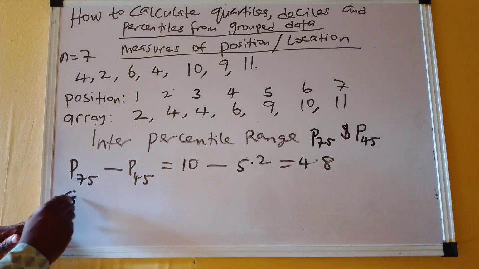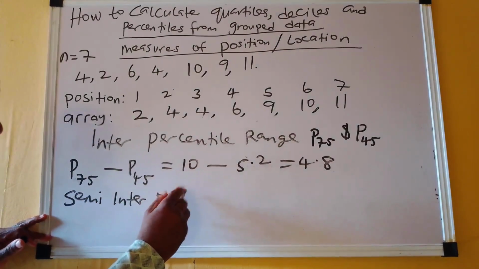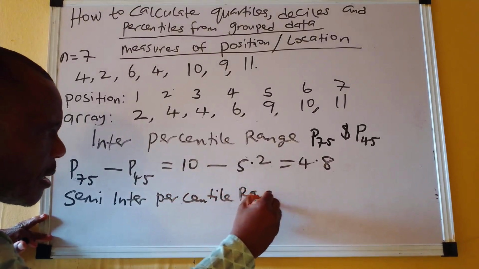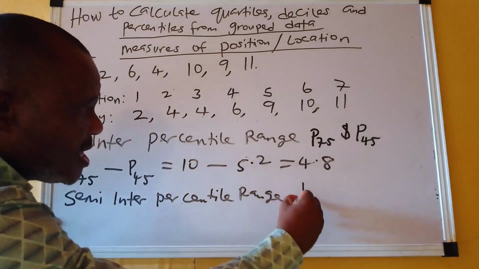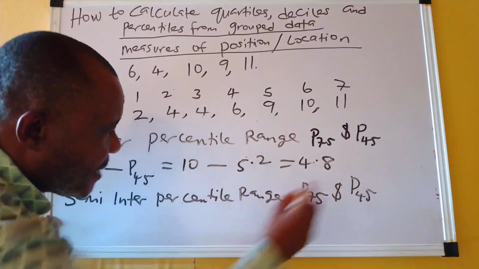Now there's what we call the semi-interpercentile range. We want to calculate it between P75, the 75th percentile, and P45, the 45th percentile.